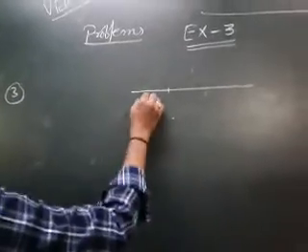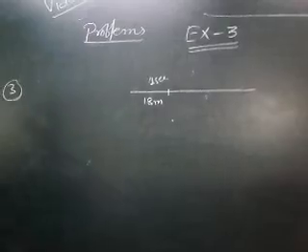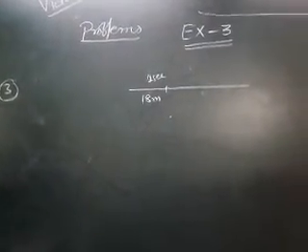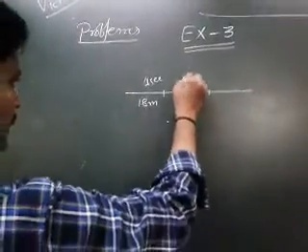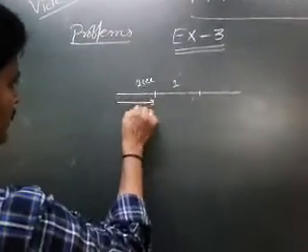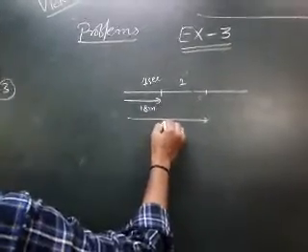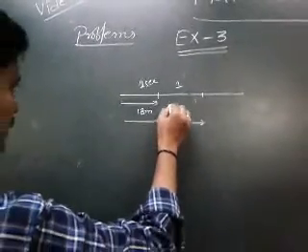So here, first 18 meters in 1 second, assume. In the next second, that is 18 meters. Next 2 seconds later, it is 14 meters.